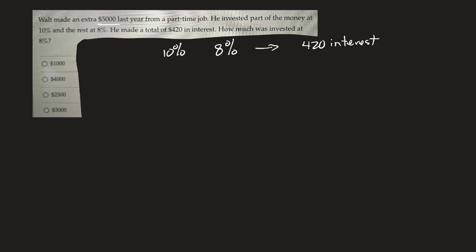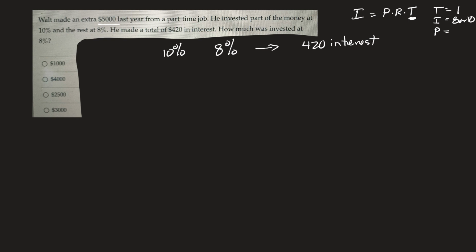Okay, so a formula to figure out interest is you take the principal, multiply it by the rate, multiplied by the time. And I guess we have to assume that the time is 1 year. The interest rate we have, so it's either 8% or 10%.